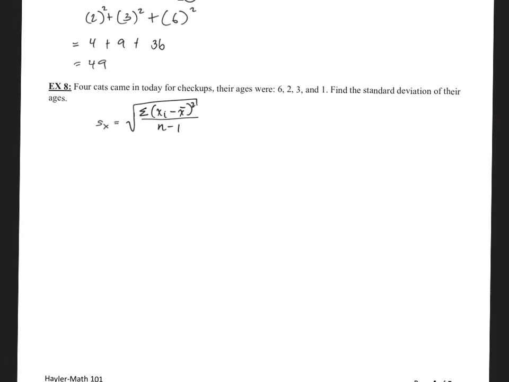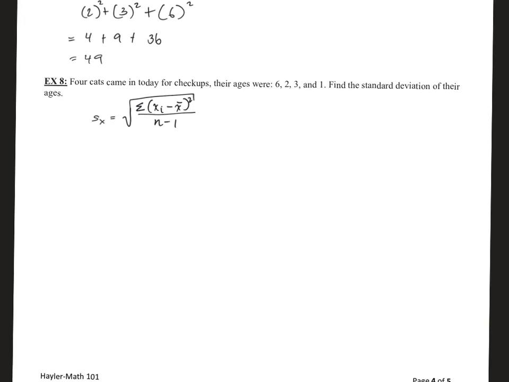So to find this, I need to first notice what the values in here are. We have xi, and those are the data points. We have n, which is the number of data points. And then we have x bar, and that is my mean. So I need to go ahead and find each of those to plug into my formula. Alright, so what is my mean?